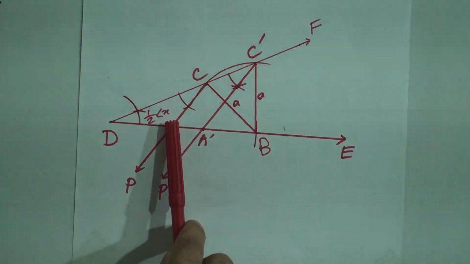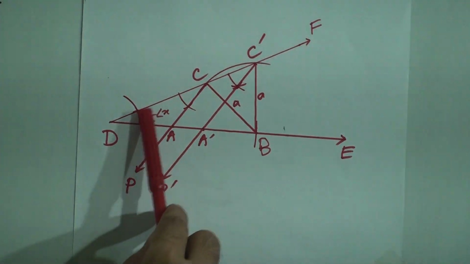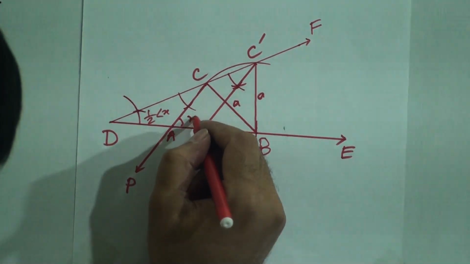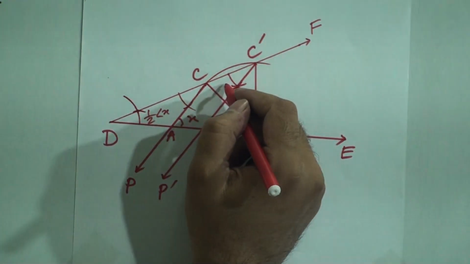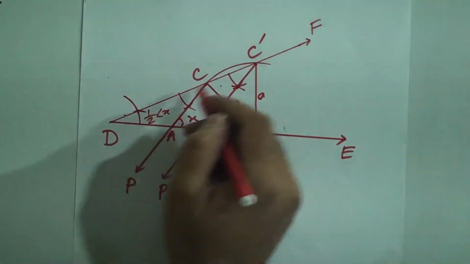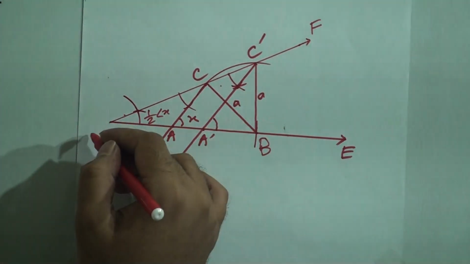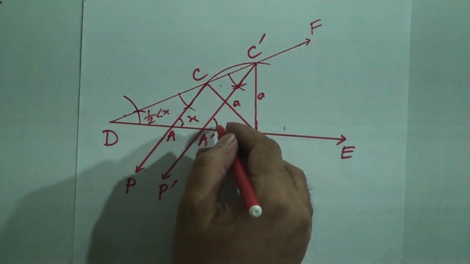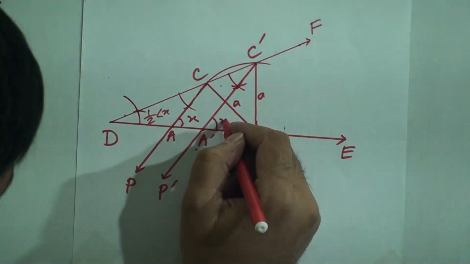Here the exterior angle is BAC, and it will be the sum of these two angles. It means this angle will be angle X. Similarly, this is also half of angle X, so the sum of these two angles will be this angle, the exterior angle of triangle DA prime C prime. So the sum of these two will be angle BA prime C prime, and this is also X.